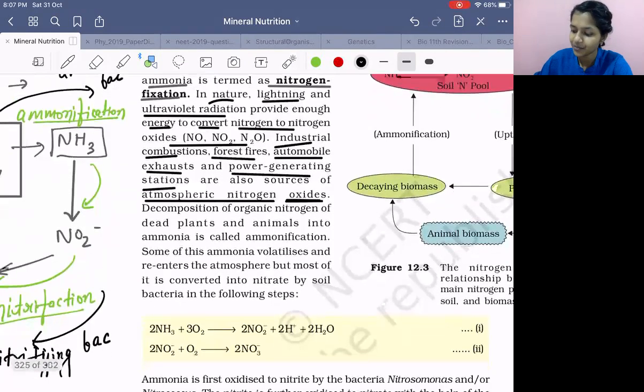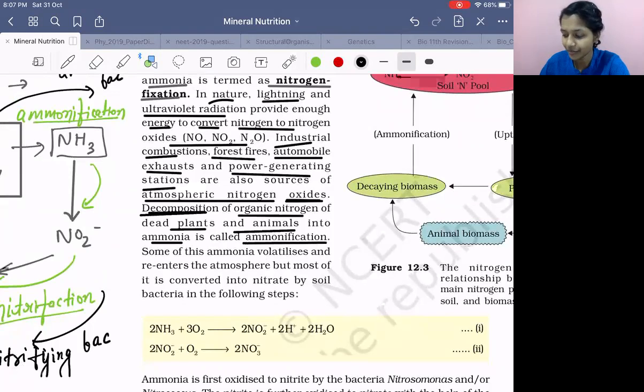Other than that, the organic nitrogen present in dead plants and animals can also be converted. When that is converted into ammonia, you call it ammonification.